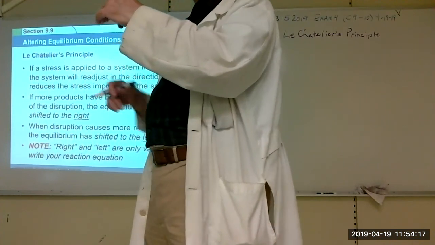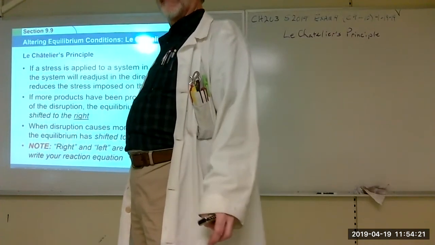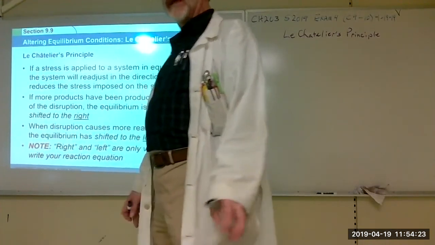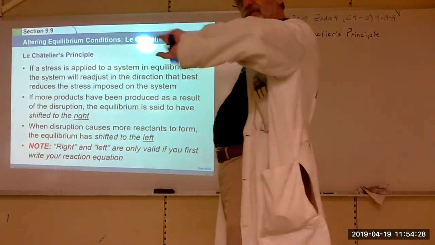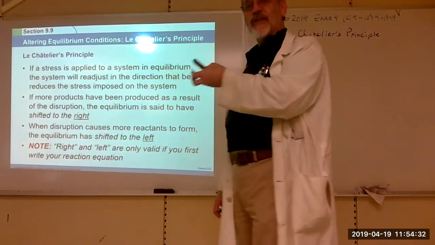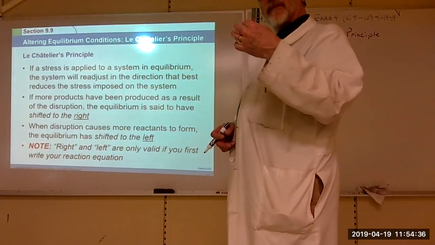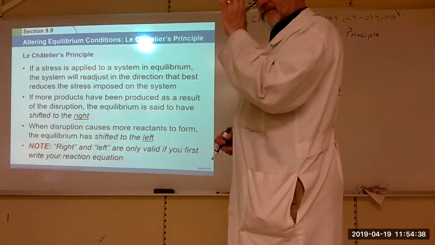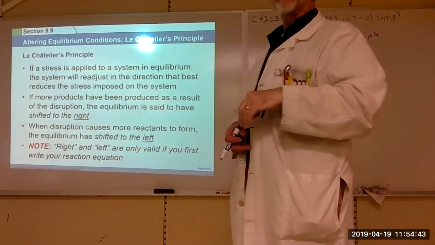Because if you say move to the left, move to the right, that means absolutely nothing to me without the balanced equation. Because if you write the reaction reversed, then your answers are wrong. So when you answer which direction the reaction is going, you need to say, this is the reaction, it moves toward products, or moves toward reactants. Okay?